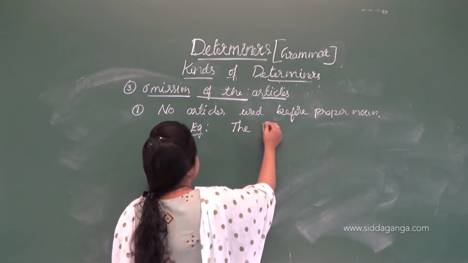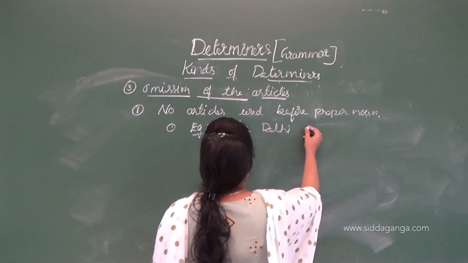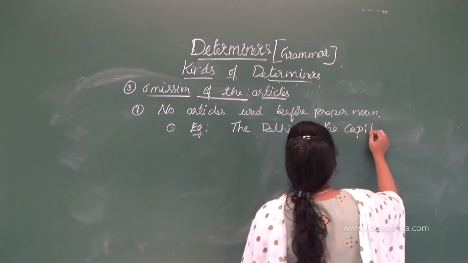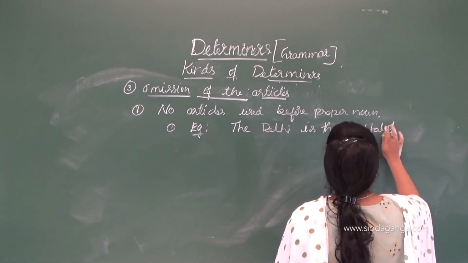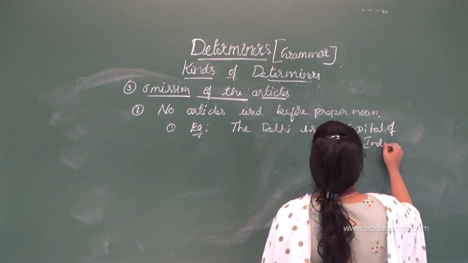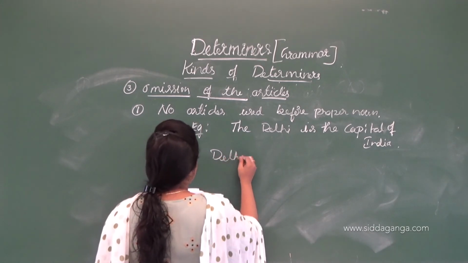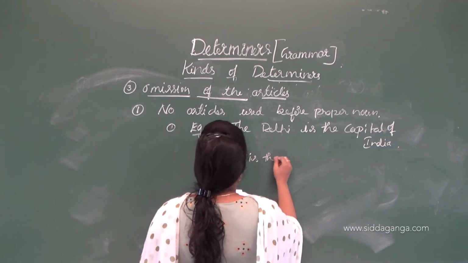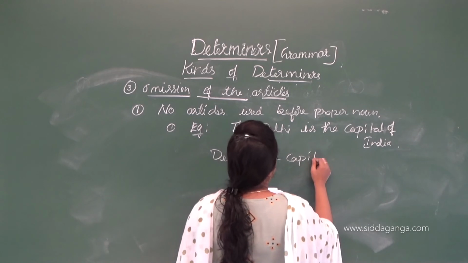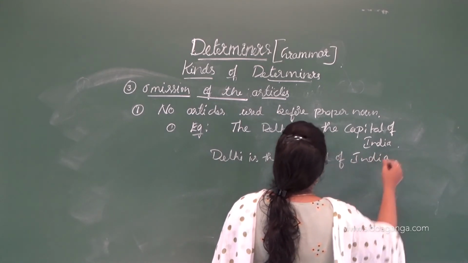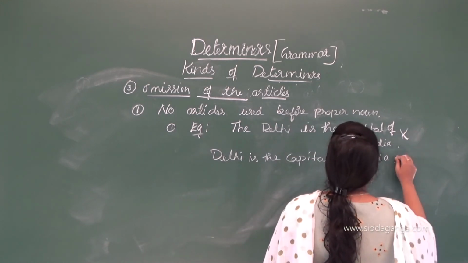"The Delhi is the capital of India." What happened here? Let's say "Delhi is the capital of India." This first sentence is wrong and this one is right.